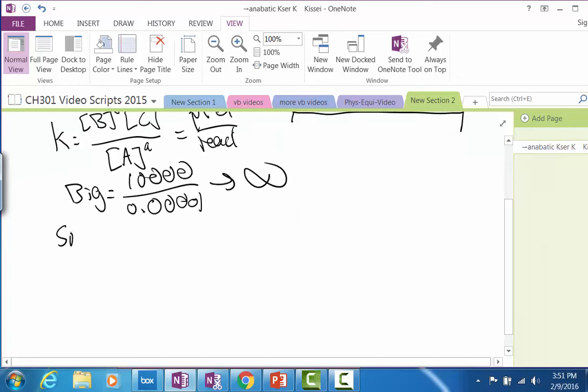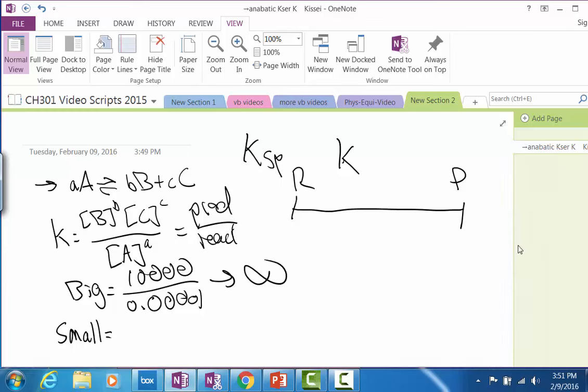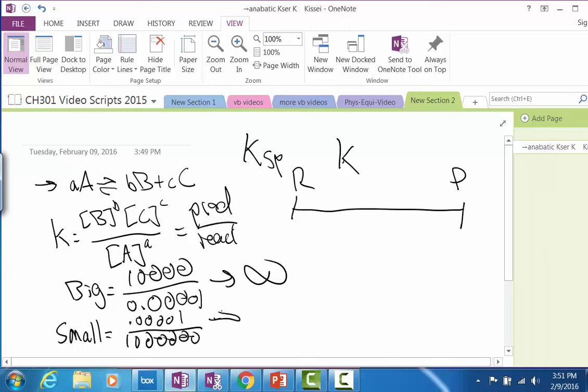On the other hand, if the reaction doesn't go at all, right? We throw some kind of salt into water and almost none of it dissolves, then we formed very, very little product, maybe like one or two ionic units separate into ions, and the rest of it stays as a solid, then this number is going to be pretty much close to zero.